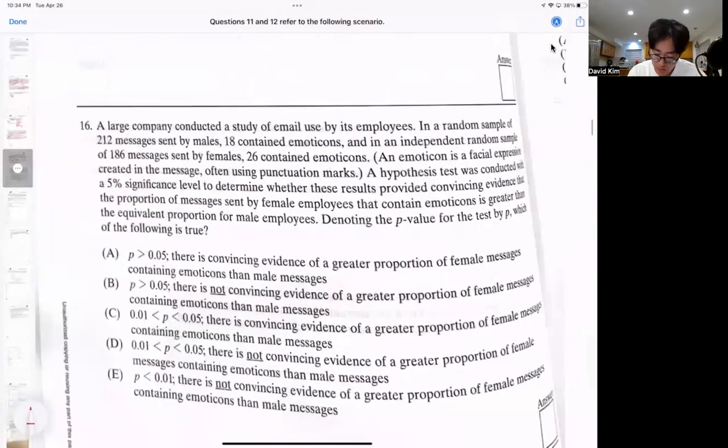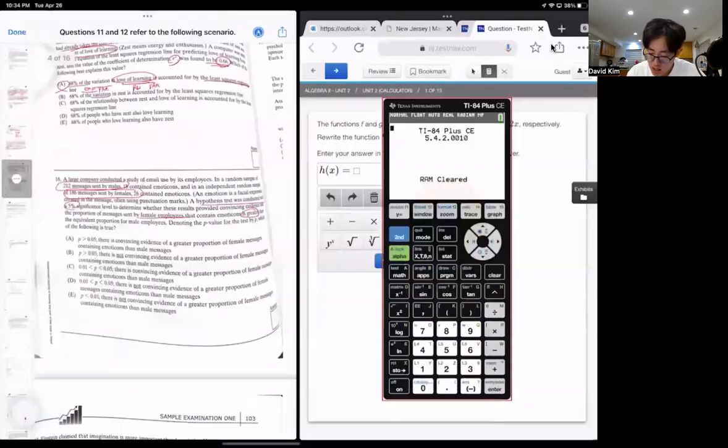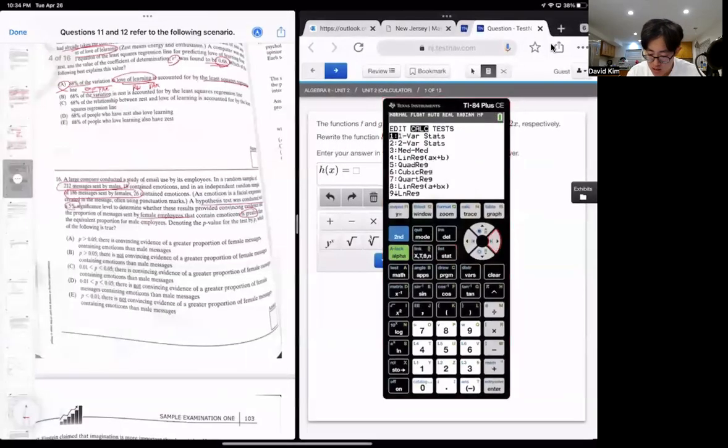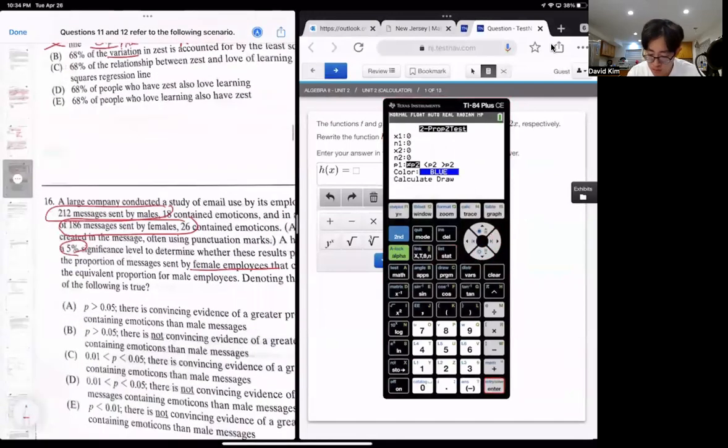Number 16, we have a significance level of 5%, and we have two samples here. A hypothesis test was conducted to see if the proportion of female employees is greater. So let's pull out a calculator and go to stat. Let's go to two-proportion z test, because we're talking about proportions here.